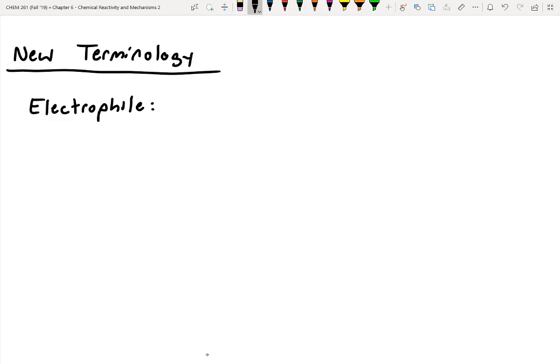What does philia mean? Love. So in this case, electro-loving means electron-loving. Do you think this is going to be an electron source or electron destination? Destination, right? So we could say that this is electron-loving. Therefore, it's going to be our electron destination.